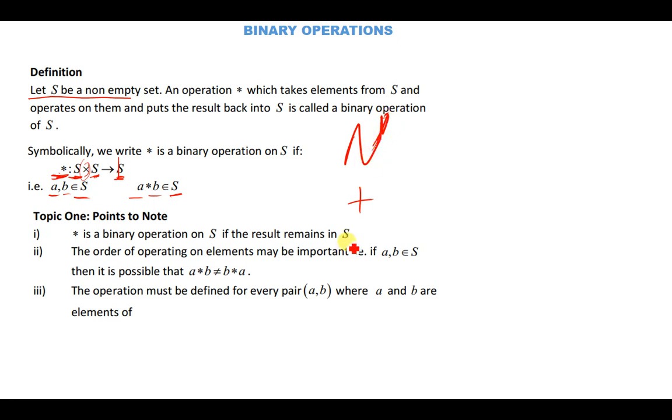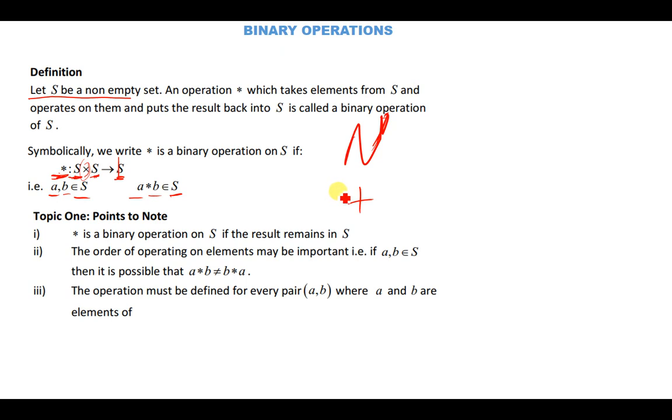You have to try any two or three numbers from the set of natural numbers and see if after adding them, the answer is a natural number.